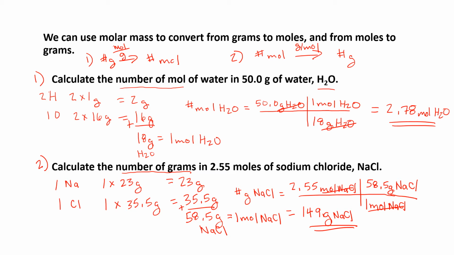So that's how we carry out calculations using molar mass to convert from grams to moles or from moles to grams of a substance, guys. Practice, practice, practice. That's going to help you out tremendously.